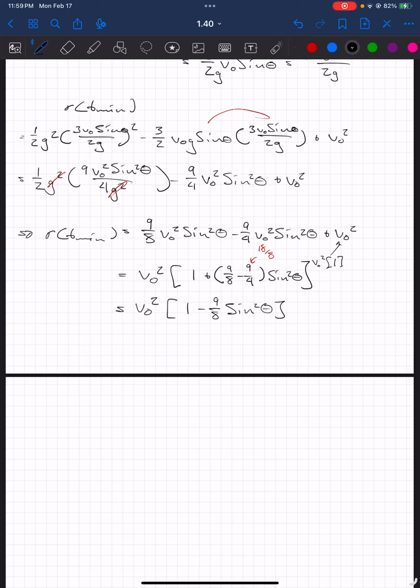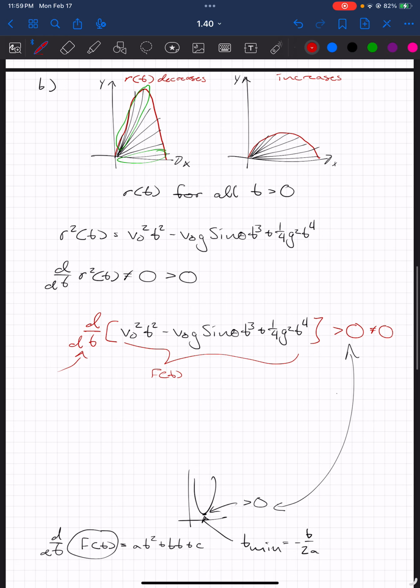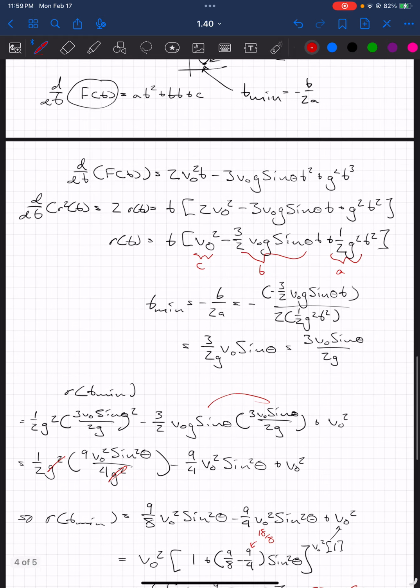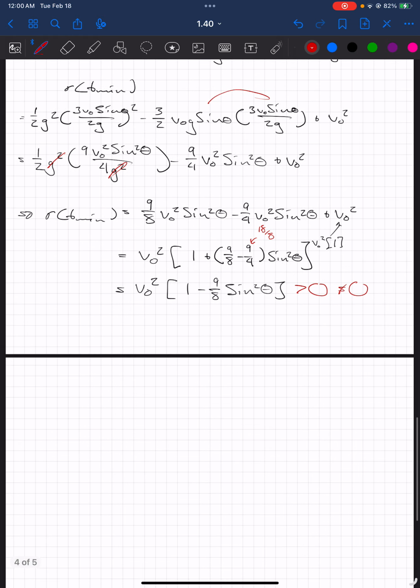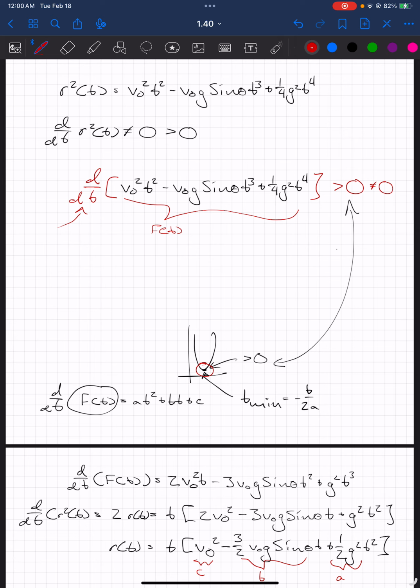And remember that we want this to be greater than 0 and not equal to 0, all the way back up here. So we have finally taken the derivative with respect to t of our function at t min, and we want to make sure that this point is always greater than 0.